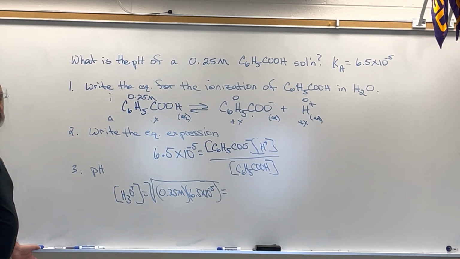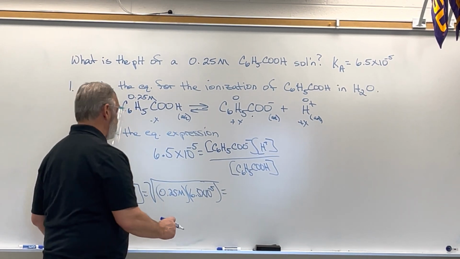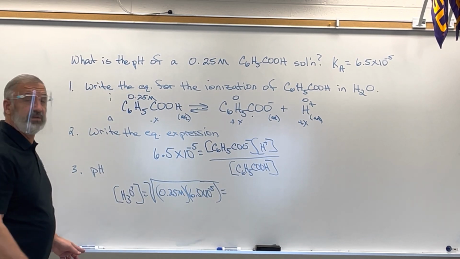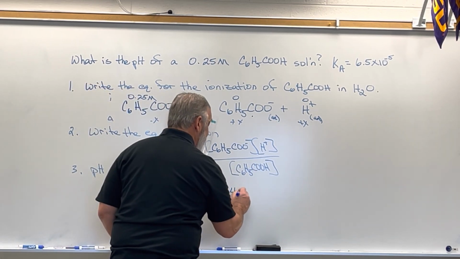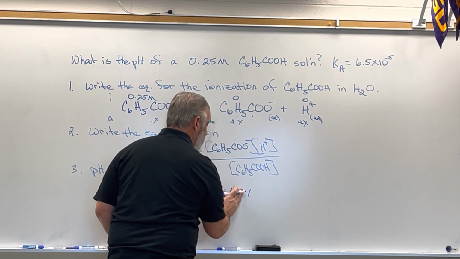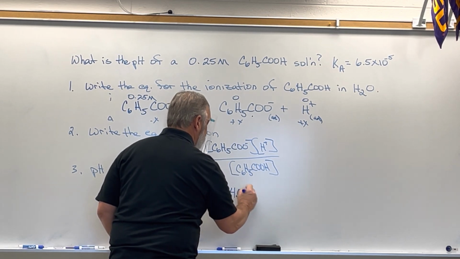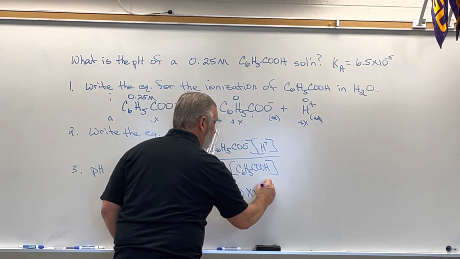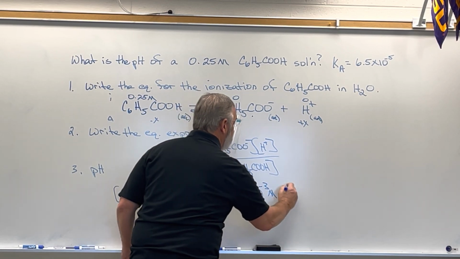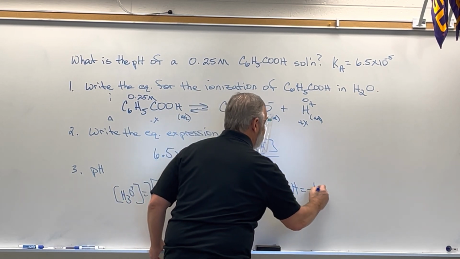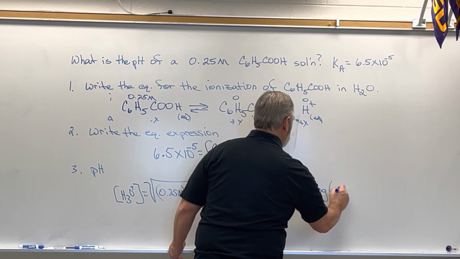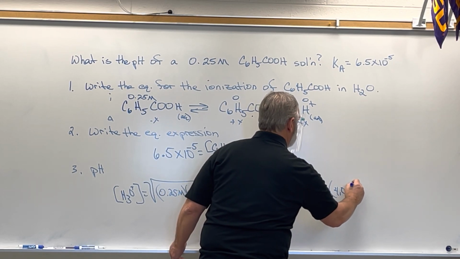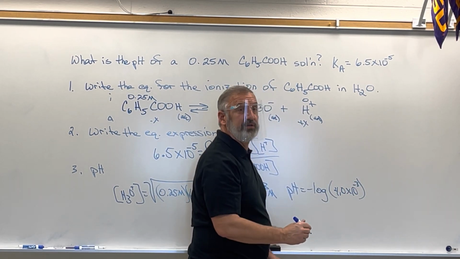And that equals 4.0 times 10 to the minus third. So then the pH is equal to the negative log of 4.0 times 10 to the minus third, which is 2.40.